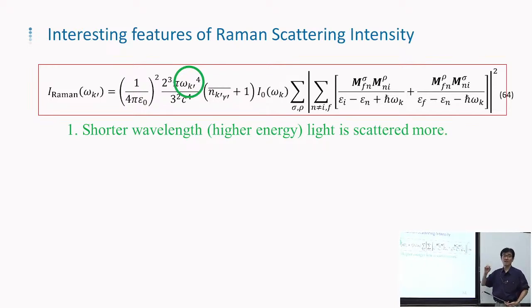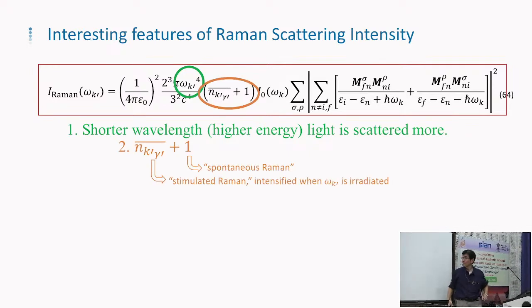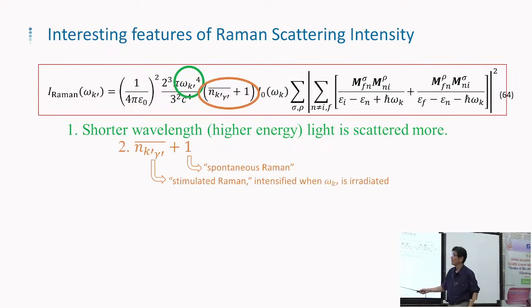Okay? Fourth power dependency is not negligible. So when we excite the Raman process with 1064 nanometer, Raman intensity is quite small. When we excite with 266 nanometer UV light, then scattered intensity is very large. So if possible, it's easier to detect Raman scattering signal with shorter wavelength excitation.